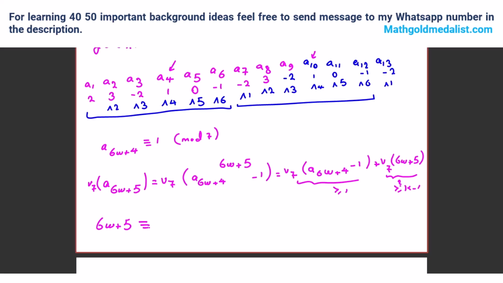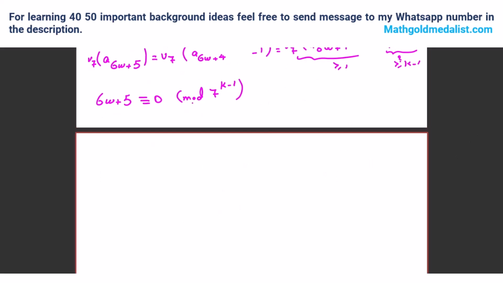6w plus 1, if it is 0 mod 7 to the k minus 1, I should find at least one w such that it's a multiple of 7 to the k minus 1. It's easy because you say, okay, 6w is negative 5 mod 7 to the k minus 1, and 6 has a multiplicative inverse mod 7 to the k minus 1, because the GCD of 6 and 7 to the k minus 1 is 1.